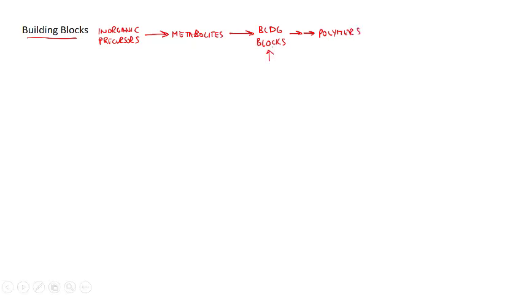So we're going to take a look at building blocks. We're going to define building blocks as relatively small organic molecules containing, I'm going to say, two things.